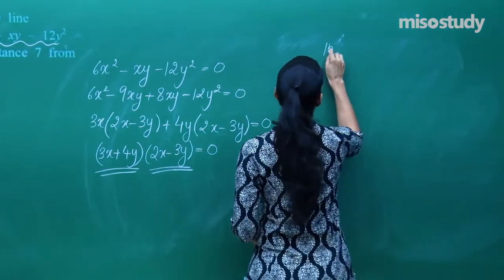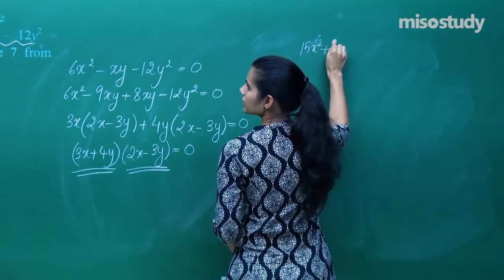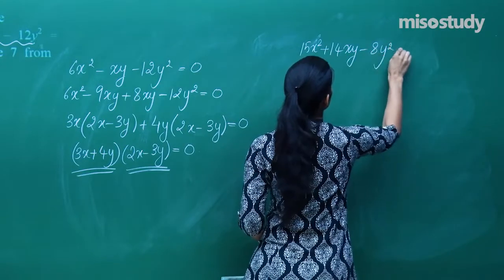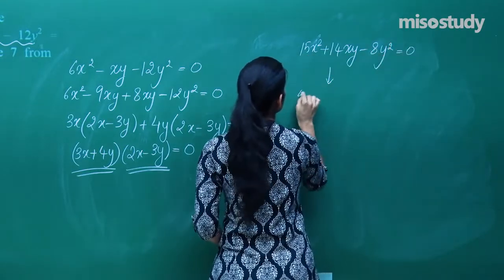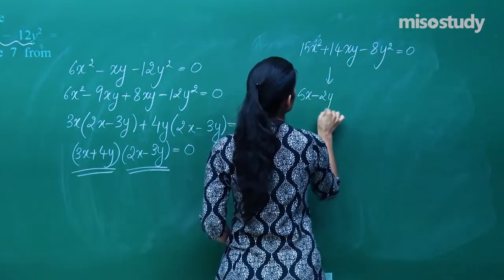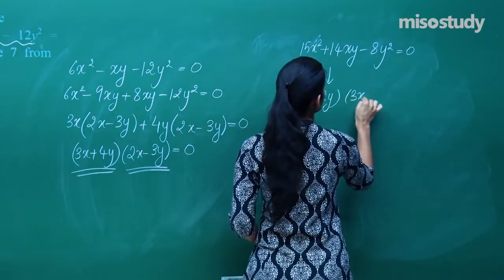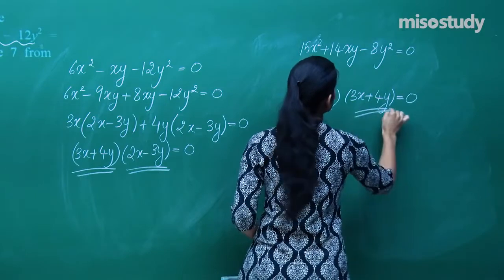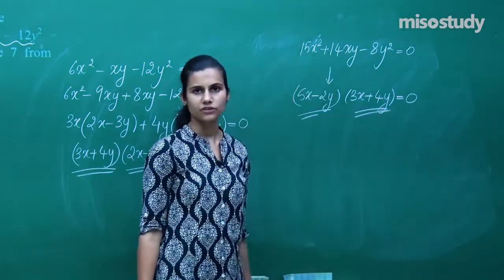Talking about the next joint equation, what is it that we have? 15x square plus 14xy minus 8y square equals 0. This also resolves and gives you (5x minus 2y)(3x plus 4y) equals 0. So these are the two lines whose joint equation is given by this equation.